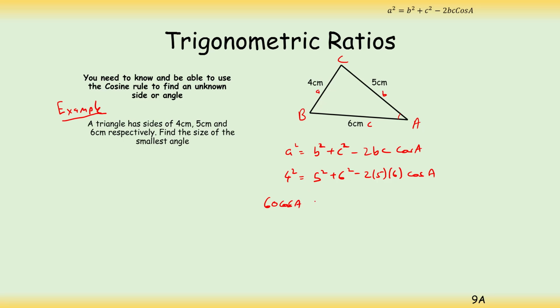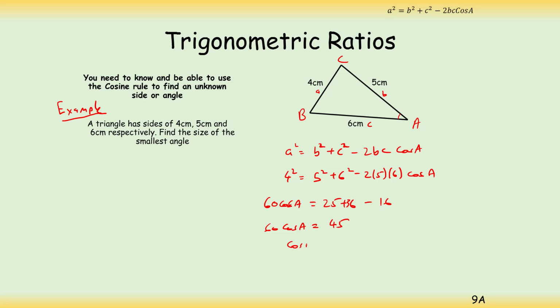I've taken it over to the left hand side, is equal to 5 squared plus 6 squared, 36, minus 4 squared. So 60 cos A is equal to 25 plus 20, 45.